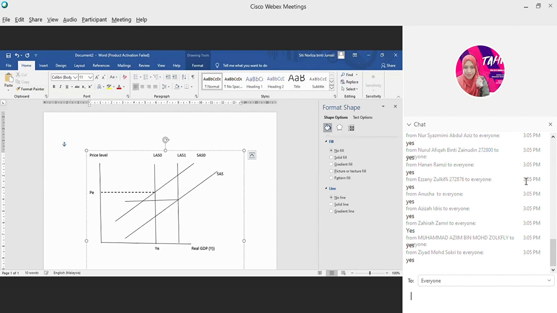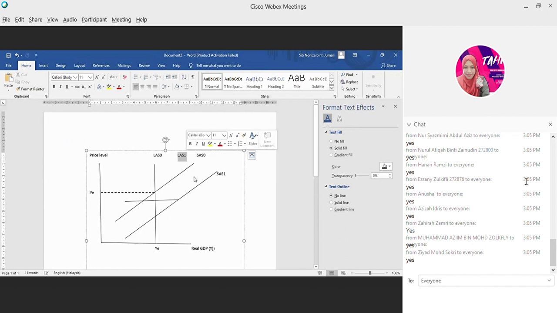SAS right. All right. But if we identify factors that will only shift SAS, LAS remains unchanged. Let's say there's an increase in productivity. When productivity increases, SAS will shift to the right. LAS does not change, so there's no more change in this curve.